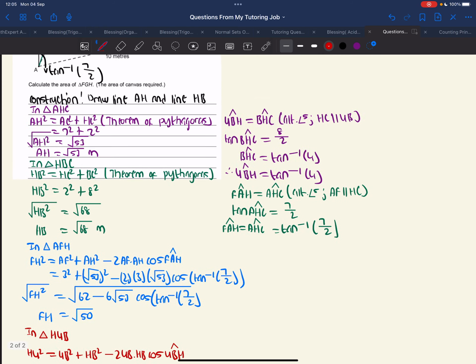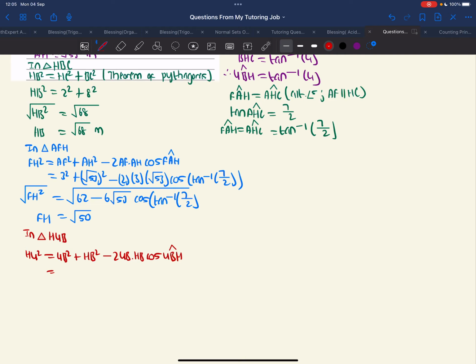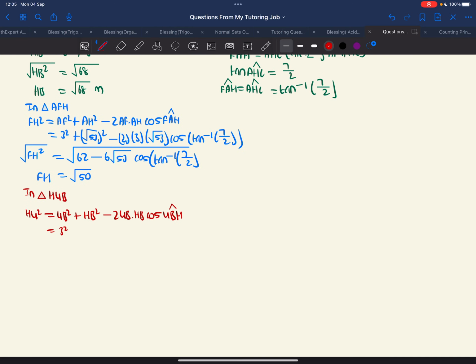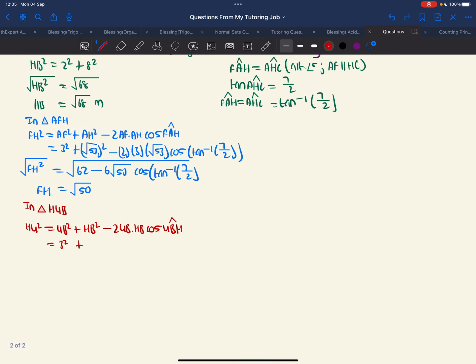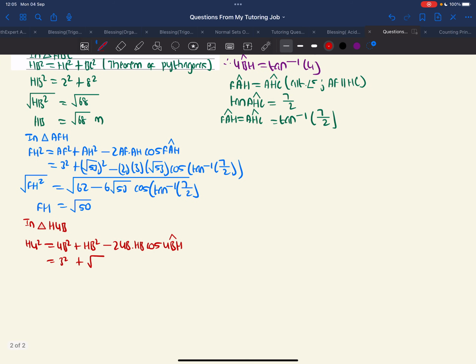Then now remember, GB squared is actually 3 squared, so that's 3 squared plus HB squared. HB squared, remember, is going to be square root 68 squared, minus 2 times 3 multiplied by square root 68 cos of shift 10 4.